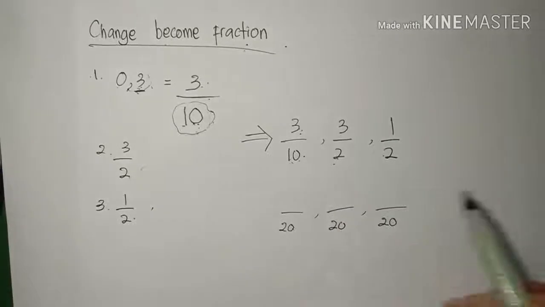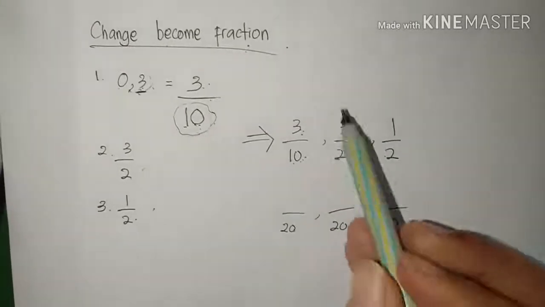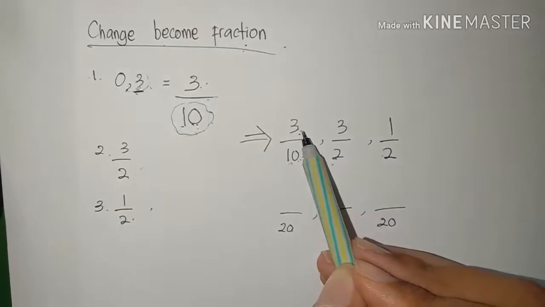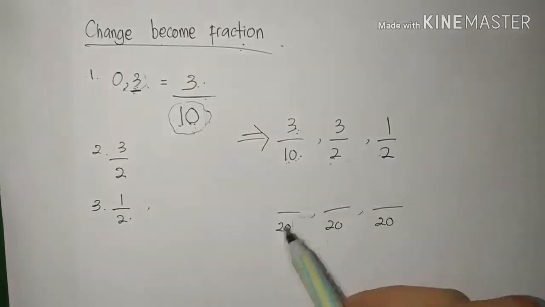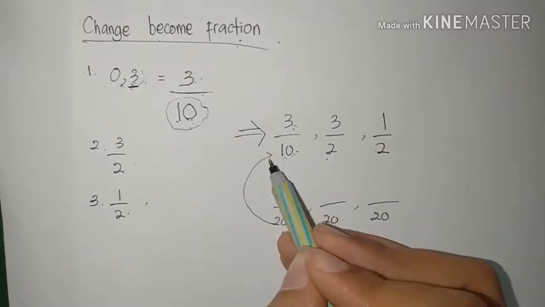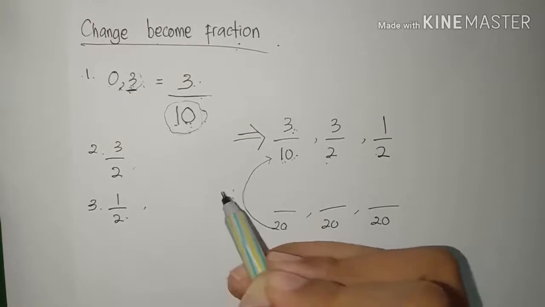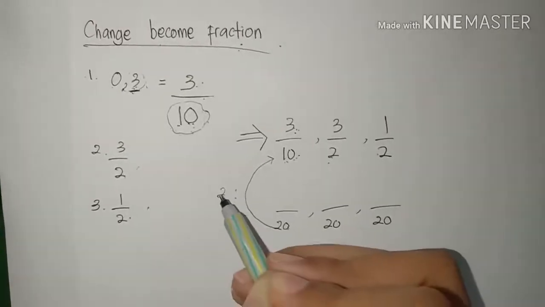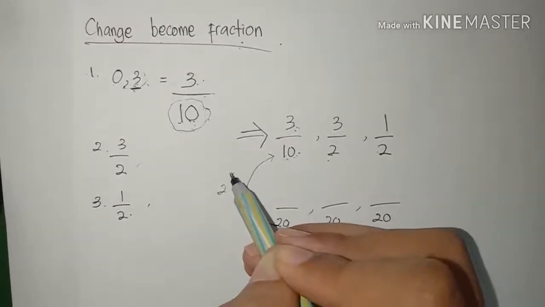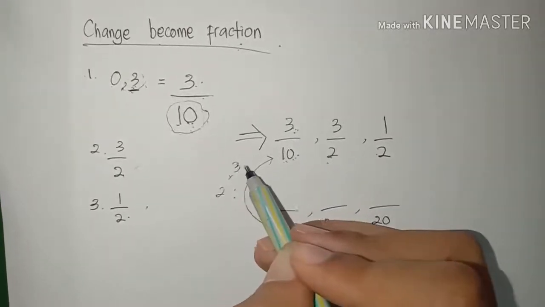Because the denominator is changed to 20, the numerator is also changed. How? 20 divided by 10, the result is 2. Good. 2 times the numerator 3, so the result is 6.